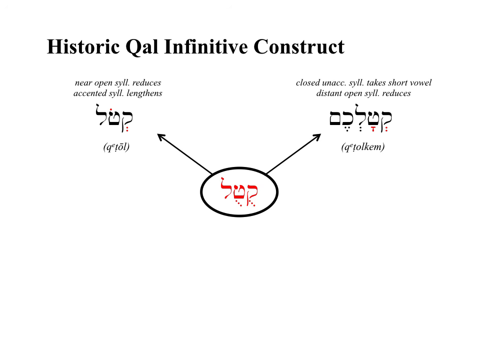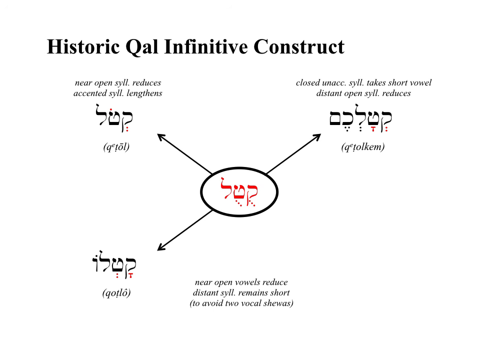The second syllable is a closed unaccented syllable, and you know from your vowel rules that closed unaccented syllables take short vowels. It's still pronounced katol, but because of the syllable structure, it requires a short vowel instead of the long vowel that you saw at the left. So we have katol when it's by itself, and ketol kem when it appears with this particular suffix.